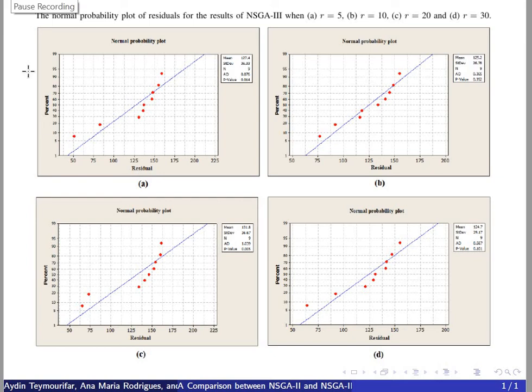Also, as shown in figures A and C, which stand for the states when R is equal to 5 and R is equal to 20, the related standard deviations are not so high. Then the ANOVA test to compare NSGA-III with different values of R can be conducted.